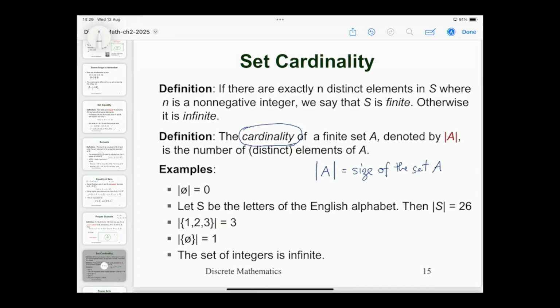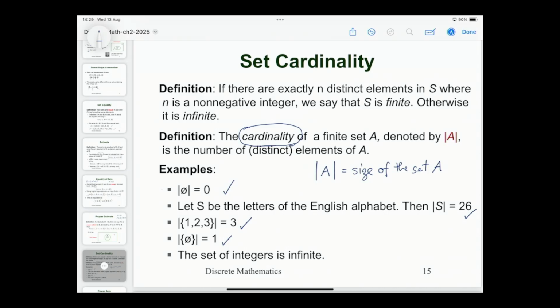If it is the empty set, then that means no member, so the size is 0. English alphabet, we have 26 letters, so that's the size of the set. Next one, we have 3 elements. This one we have 1 element.